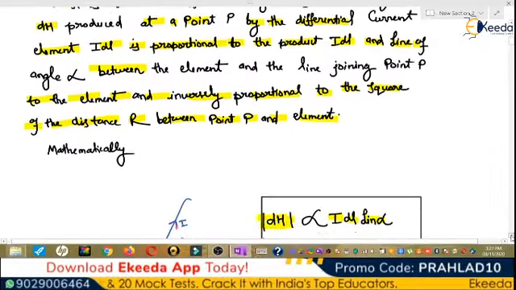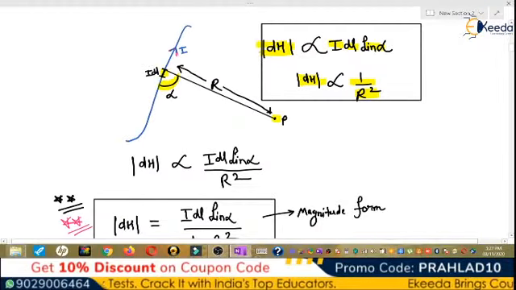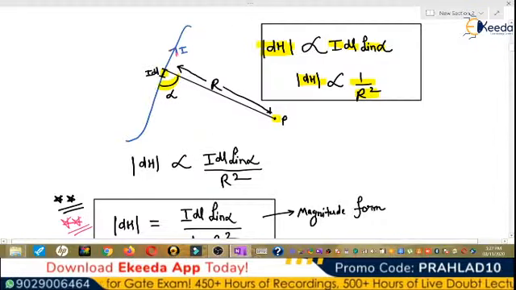So mathematically we write Biot-Savart law as mod of dH is proportional to I dl sin alpha, and mod of dH is inversely proportional to distance square. So it is mod of dH inversely proportional to 1 over r square.